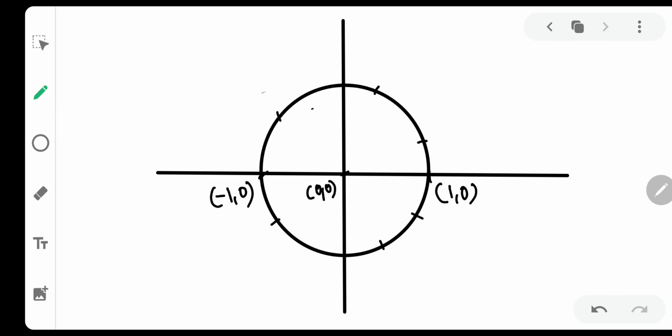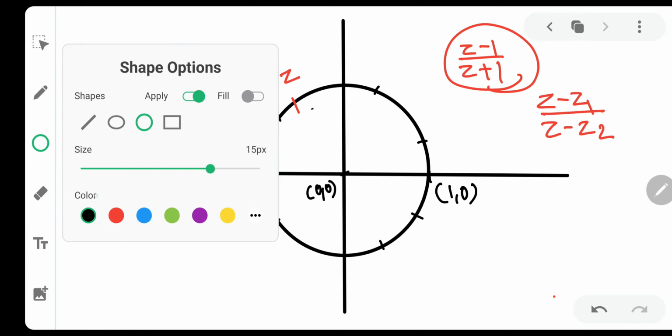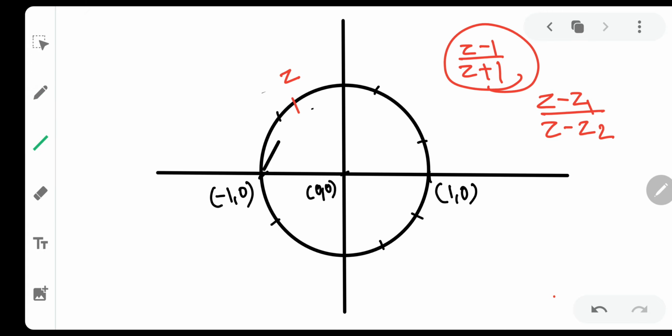So where is z? z can be anywhere. On the circumference of the circle, let this be z. Now (z − 1)/(z + 1) is actually the rotation theorem, where we call this (z − z1)/(z − z2). So let us join them, and once we join them, we will get our angle. So this is z − z1, this is z − z2.